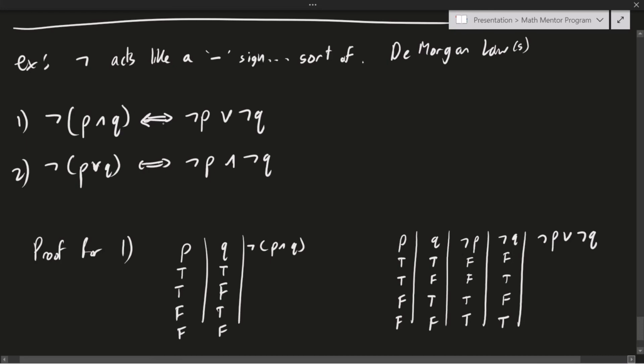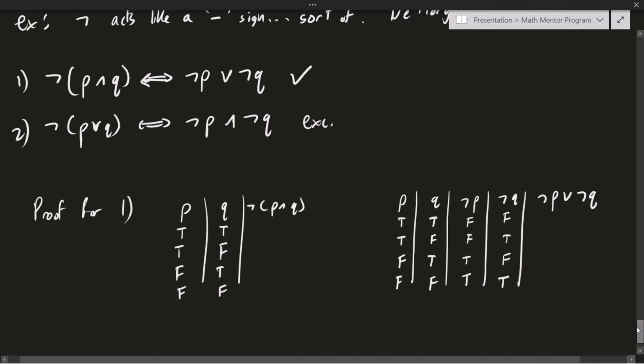What I'm going to do is I'm going to prove 1, and then I'm going to leave 2 as an exercise. The proof is very similar, and it involves much of the same technique. So just to illustrate, I've drawn out here the possibilities for P and Q, right? Then we're going to analyze the statement not (P and Q), okay? So actually let's break it down a little bit more, just because this is our first time looking at these things.